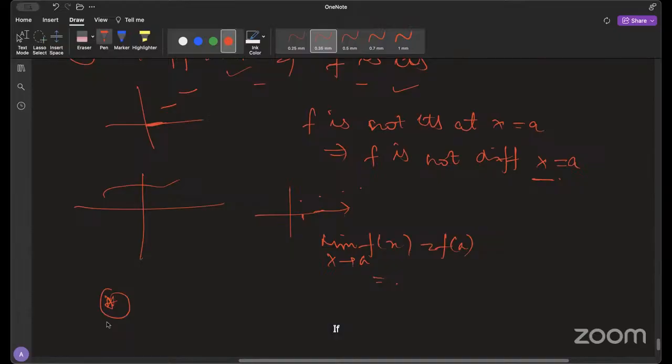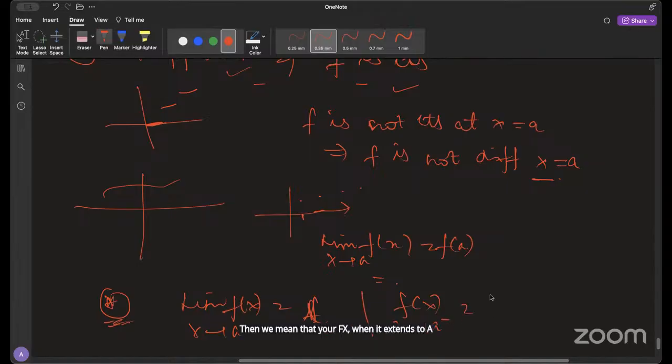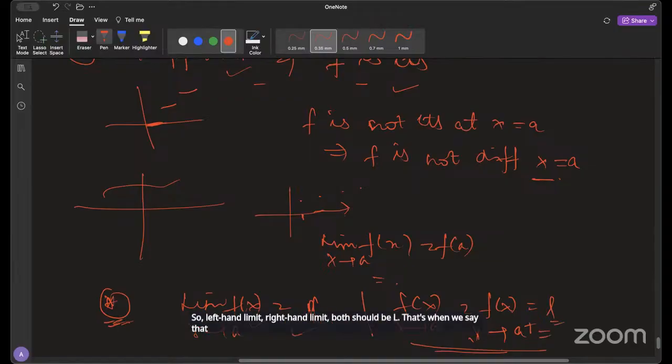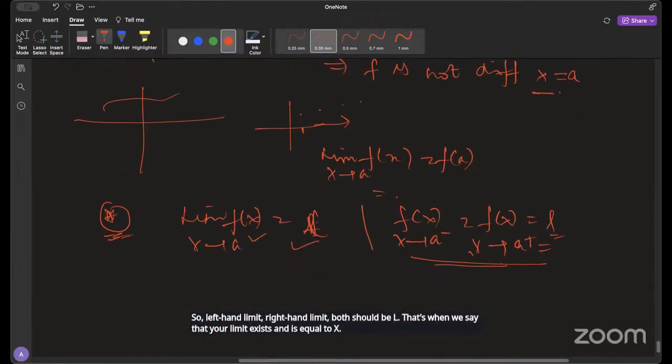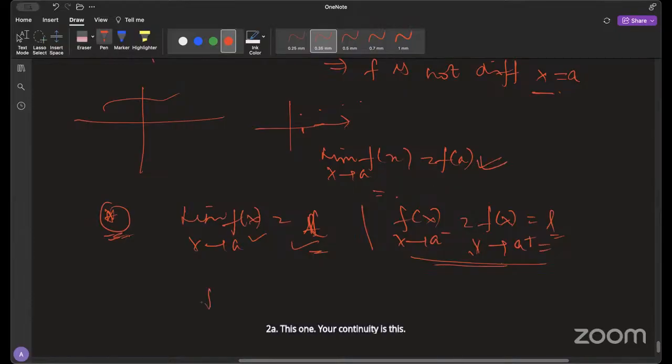Make a point here that when we say the limit of f(x) as x tends to a is L, then we mean that f(x) when x tends to a from the negative side and from the positive side, both are L. So left-hand limit and right-hand limit both should be L. That's when we say that your limit exists and is equal to L. So your continuity is this, whereas your differentiability is this thing.